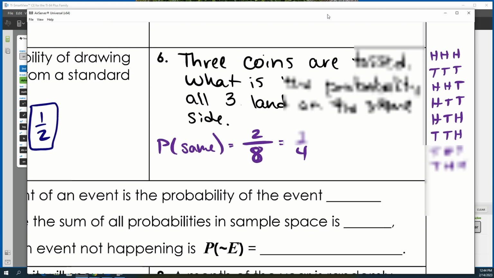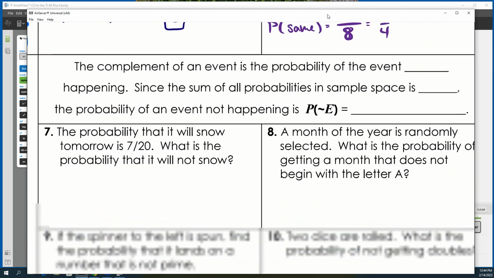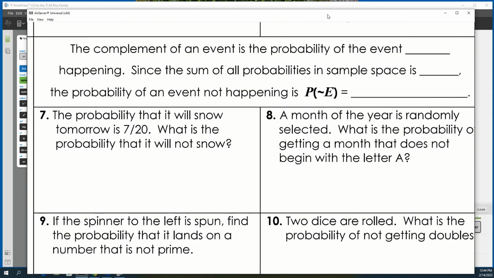All right, and then the last thing we're going to talk about today is the complement of an event. The complement of an event is the probability of the event not happening. Since the sum of all the probabilities in a sample space is 1, if we added up all the probabilities of anything that could happen, it should be 1.